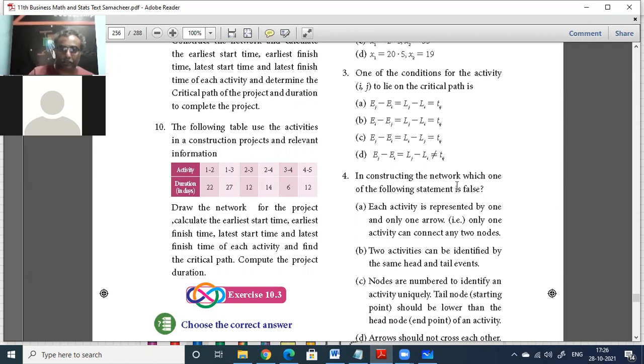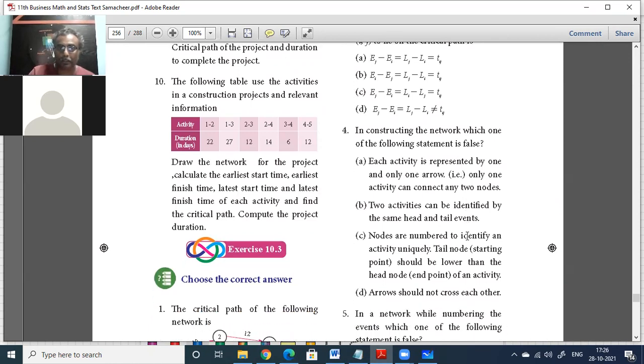I think it's that one. That's false. Because the first one is correct. Arrows should not cross each other, that also is correct. Nodes are numbered to identify an activity uniquely. Tail node starting point should be lower than the head node end point. That's all correct. So D only, I think, is the best answer for wrong.